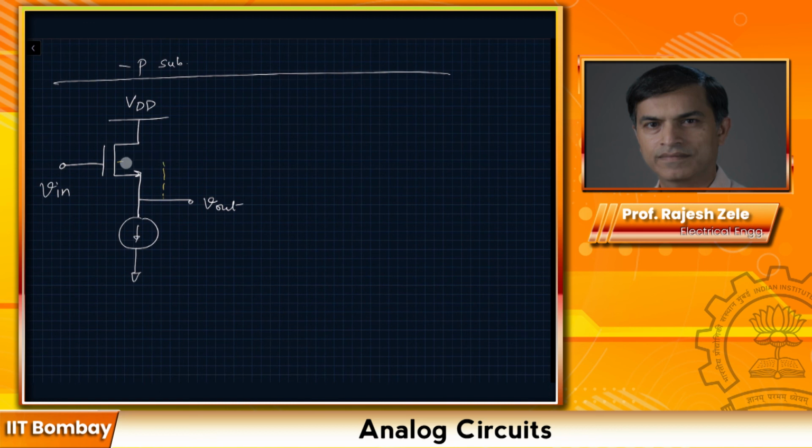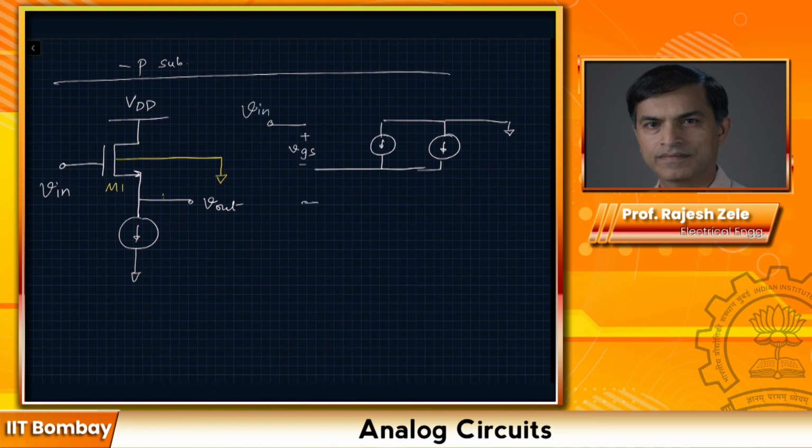So in that case, your bulk is actually connected to the most negative potential, which is ground in this case. As soon as you do that, you will have body effect for this transistor M1. So we can now do our analysis including the body effect. The small signal model is going to look like this. Vin, and here is our bulk, which is connected to ground.